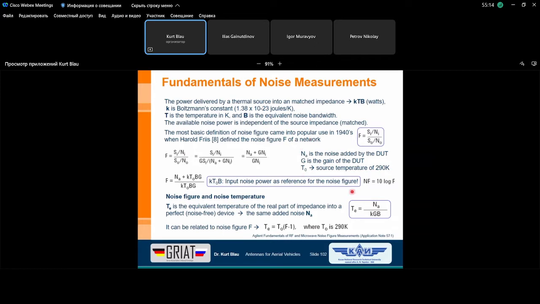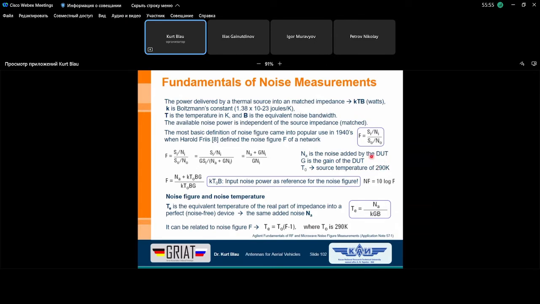So here is the summary of what I mentioned now. This NA is the noise added by our device under test, for instance, an amplifier. The G is the signal gain, the power gain of the device under test. And now this T0, this is very important to keep in mind, is the source temperature, and this is very important, because if we use another source temperature, then all the noise figures we determine are not valid or not correct.